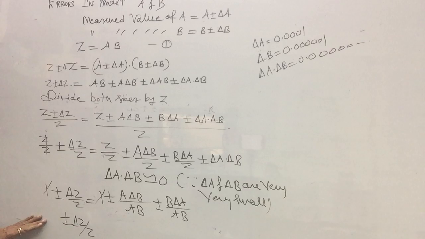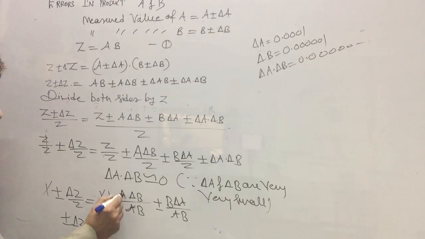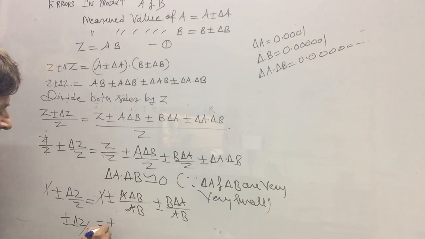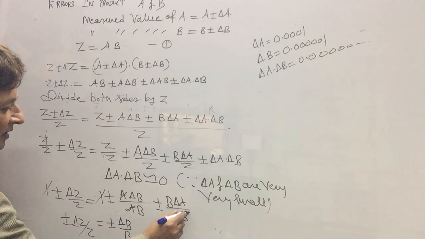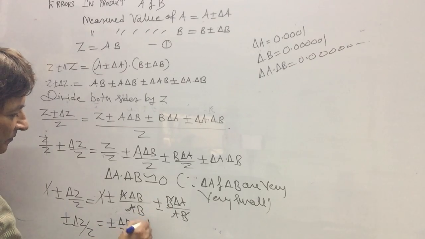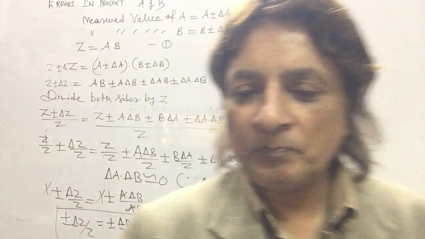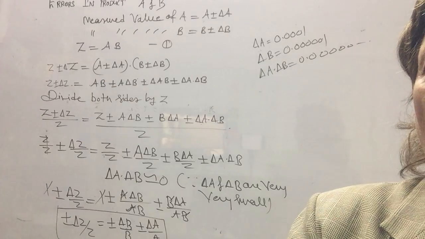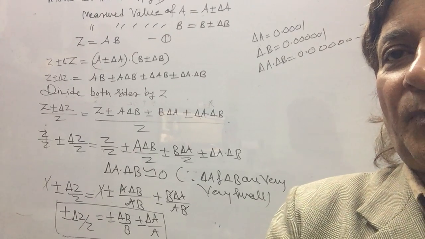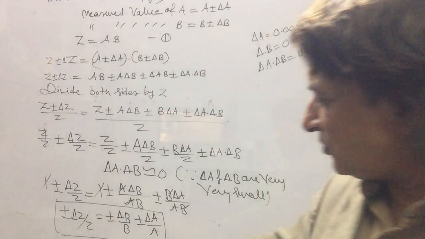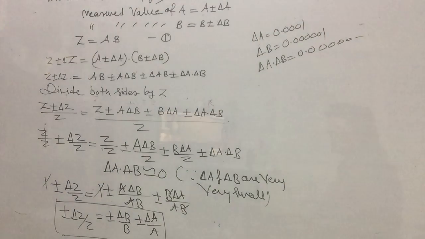A gets cancelled, plus minus delta B upon B, B gets cancelled, plus minus delta A upon A. So this is the propagation of the error in product.